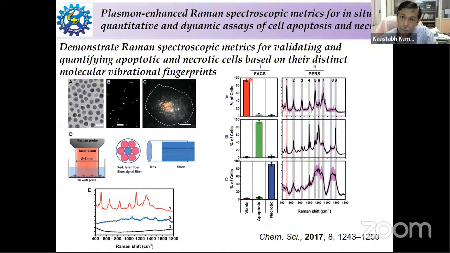Here you can see the cells coming as viable cells, apoptotic cells, and necrotic cells. That can be easily differentiated by FACS analysis, as we all know. But that can also be differentiated by plasmon enhanced Raman scattering. You can see the Raman spectra of all these 3 classes, and the differences in the Raman fingerprint can be classified and easily tracked by these features.